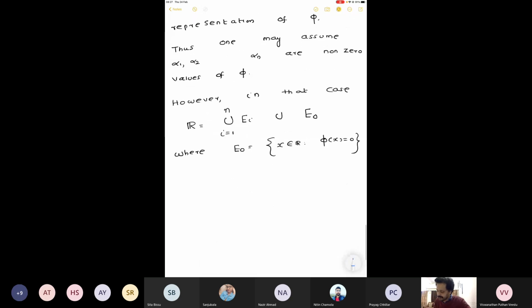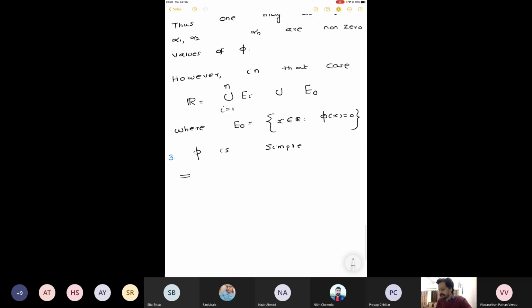Another remark in this line is the following. A function phi is simple if and only if it is measurable and assumes only a finite number of values.